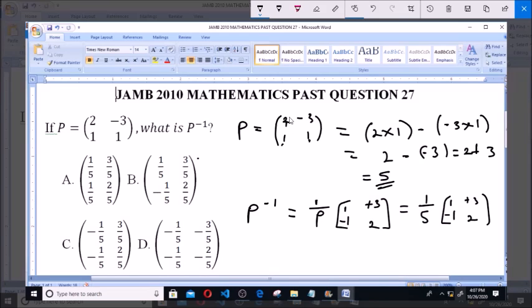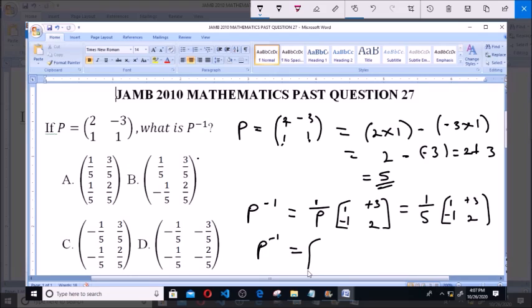It was 2 here, then 1 here, but it changed, so it becomes 1 and 2. Then the sign of this diagonal side will change: -3 becomes +3, since it's minus I say, and 1 becomes -1, since it's plus I say, which is what we have. So from this, P inverse is equal to, we'll now multiply everything in this box by 1 over 5.